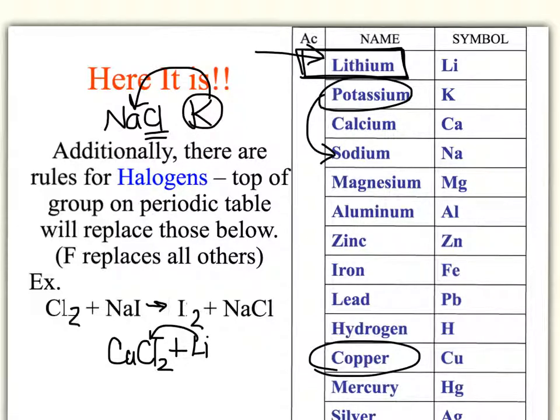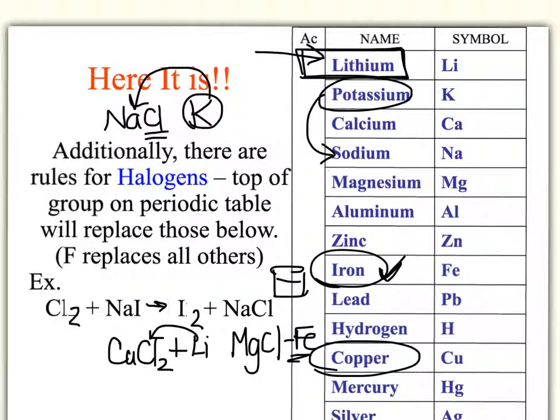But on the other hand, if you had magnesium chloride and iron came in, it would just sit there. The iron metal would just sit there in the cup with the magnesium chloride and nothing would happen because iron does not have the ability to steal. It doesn't want to be with the chlorine as much as the magnesium.